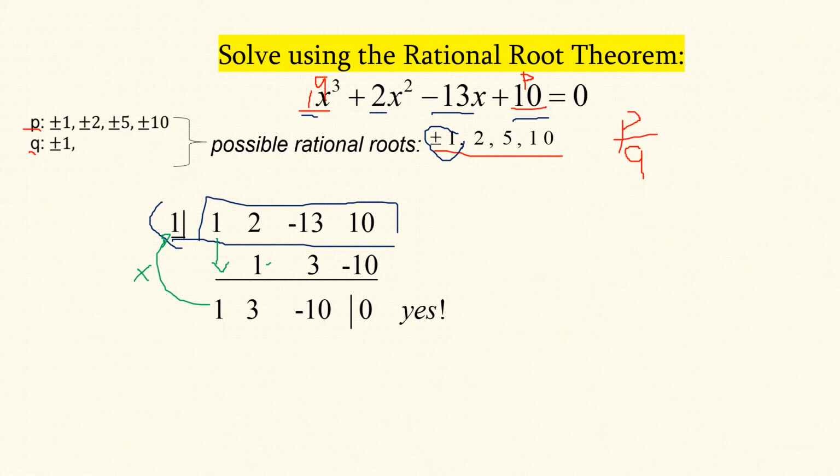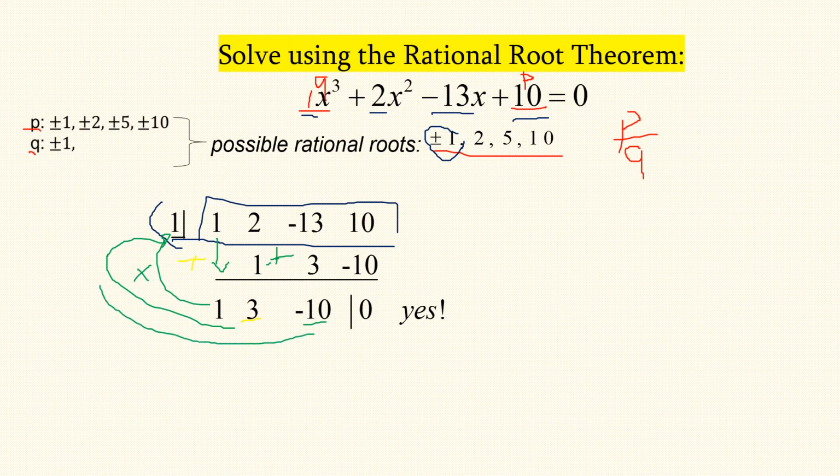Then, after that, i-add lang natin sila. So, we have 2 plus 1 will give us 3. Then, after that, i-multiply ulit natin yung 3 sa ating 1. So, magiging 3 na siya. Ito. Then, i-add ulit natin. So, we have negative 13 plus 3 will give us negative 10.